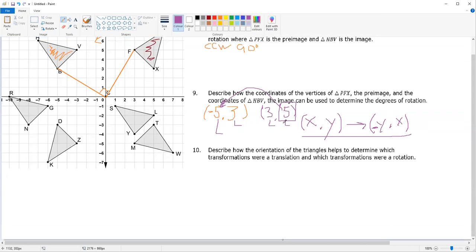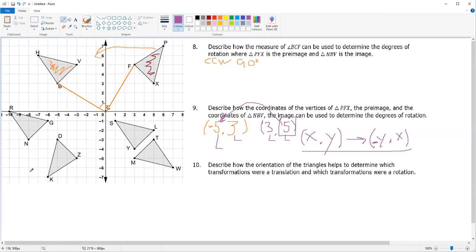Okay, then describe the orientation of the triangles, which helps distinguish transformations, since translation and orientation are different. Well, it's pretty straightforward if you went back and watched the other videos. The transformation between this triangle and this triangle just picked up the triangle and slid it over, and there was no change in the orientation of the triangles, right?